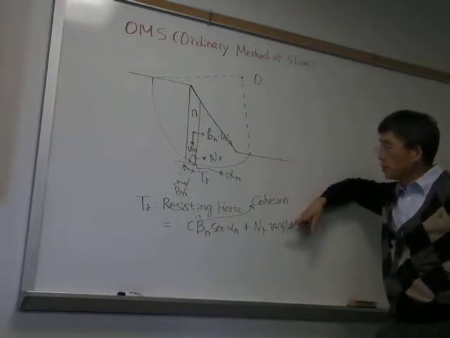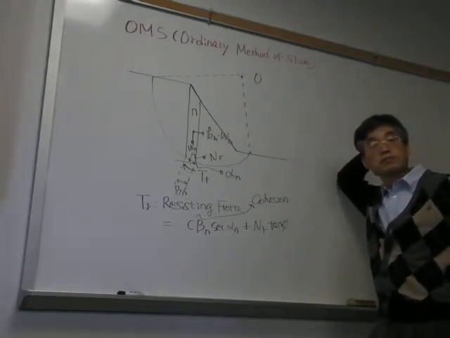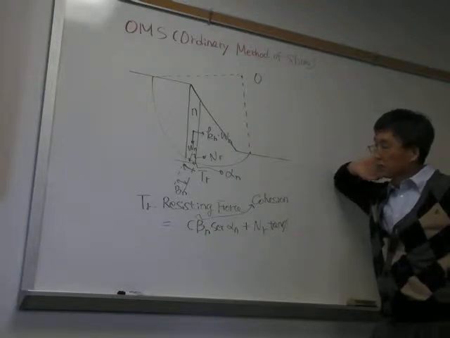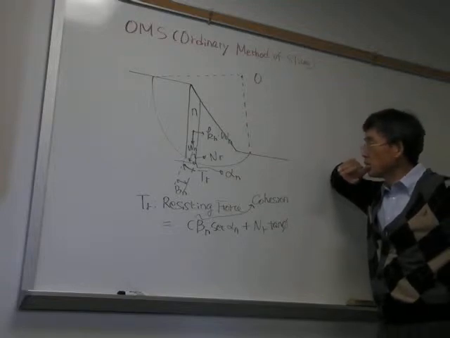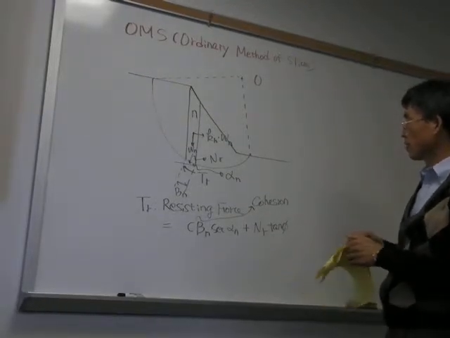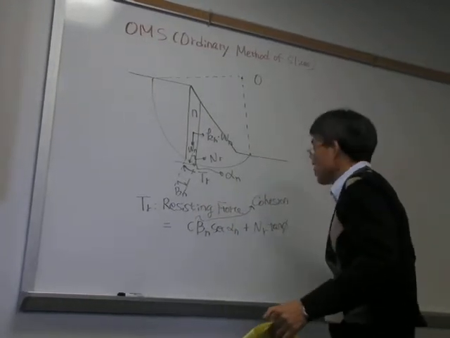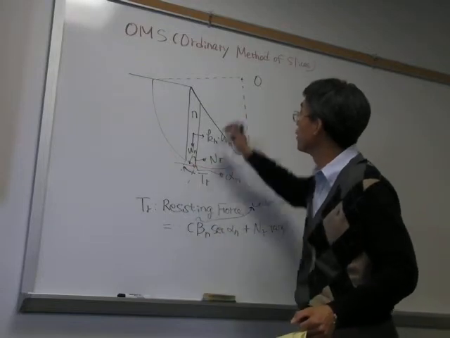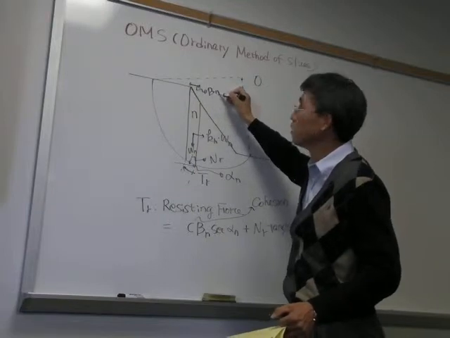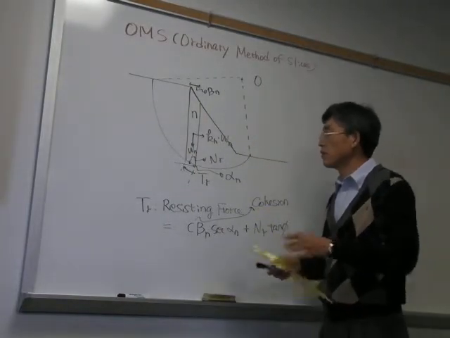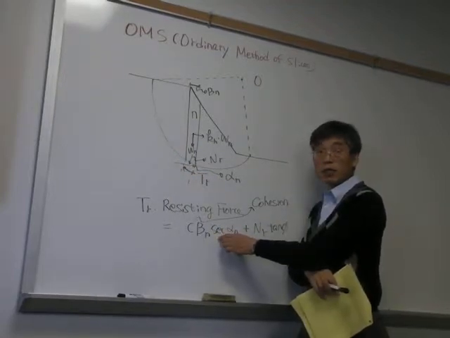Secant is there because of just trigonometry. This BN, no, I'm sorry, this is the BN. It really does not matter. If this is the BN, then this secant alpha n will not be there.